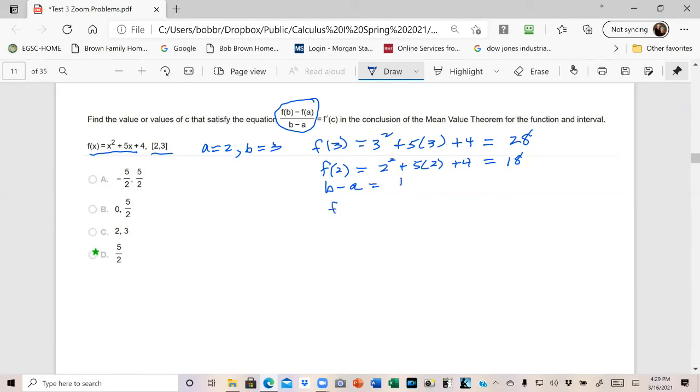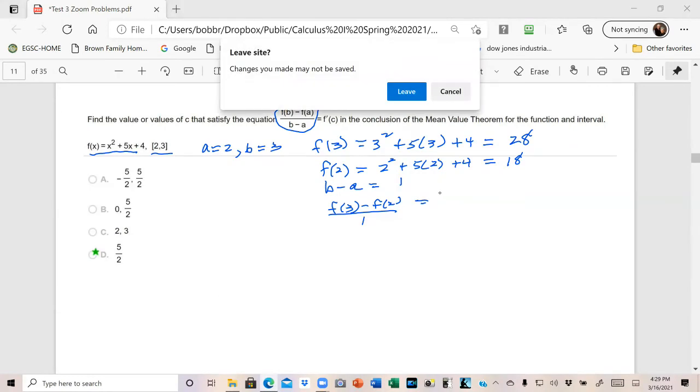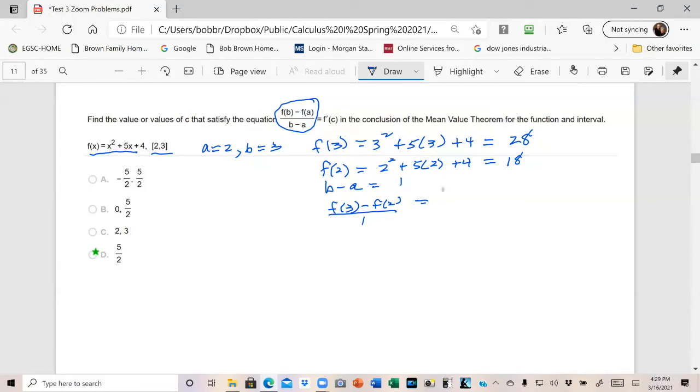So alpha of 3 minus alpha of 2 over b minus a, which is 1, is equal to 28 minus 18 divided by 1, equal 10.